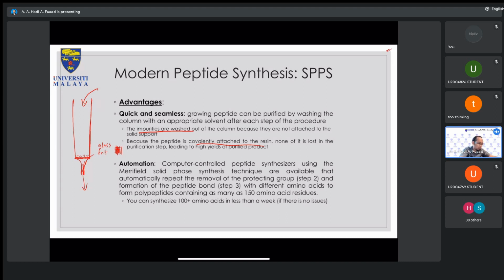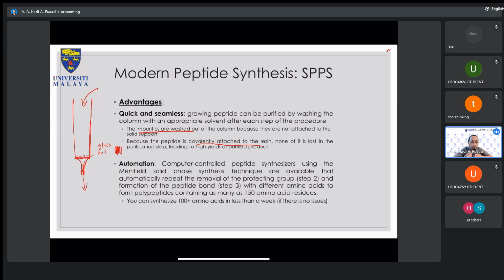And another advantage of SPPS is automation. You can create a computer system and program it so that it follows the steps of the peptide synthesis.